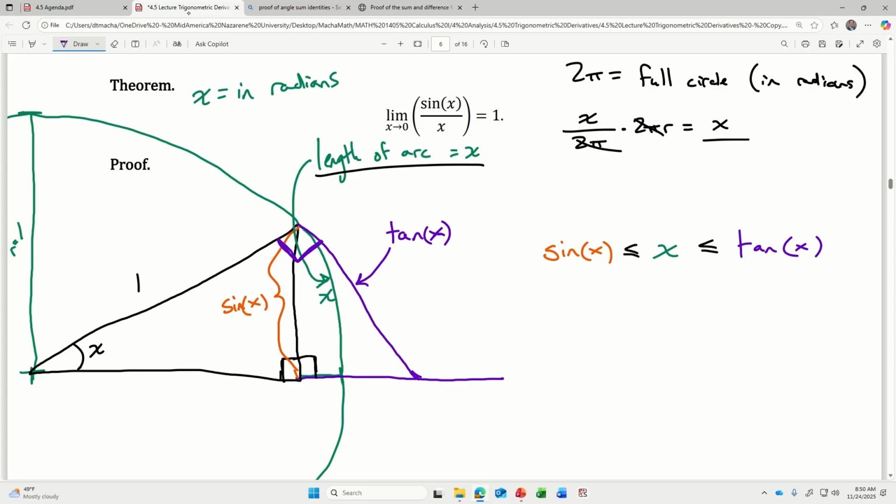Because x is sort of sandwiched in between here. The sine of x is the straight path vertically, and so that's going to be the shortest one. Tangent of x is obviously larger than sine because it's the hypotenuse of this right triangle. And then this arc path is not quite as long as that hypotenuse because it's taking a slightly shorter path to get there.